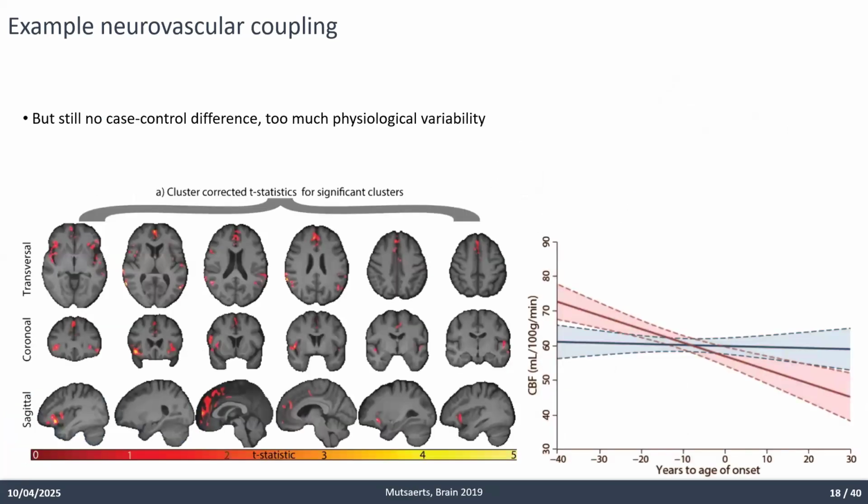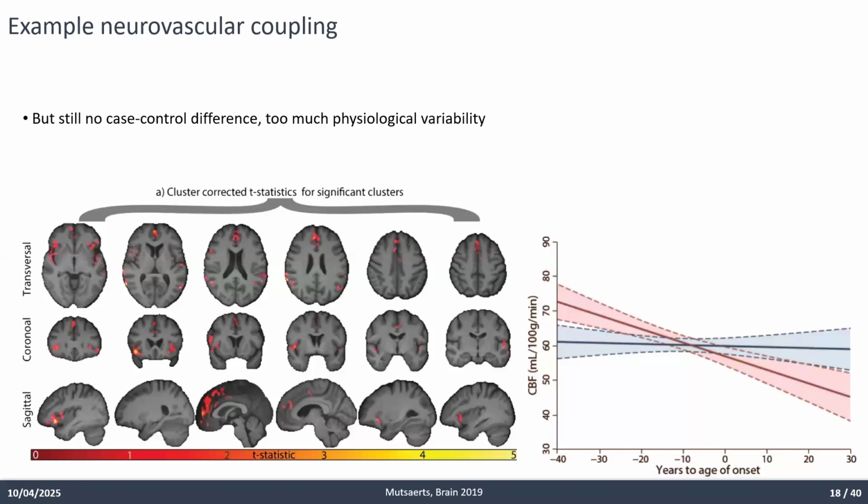When you do a t-test, sometimes you don't find anything because the changes are very subtle. But in this case, we did an interaction with years to age of onset, which is the age that the parents got the disease. So 0 is usually around 50, and then -10 is 40, -20 is 30 years of age. Then what you see in red is that the carriers of this gene go down in perfusion with age, whereas the non-carriers stay roughly the same.